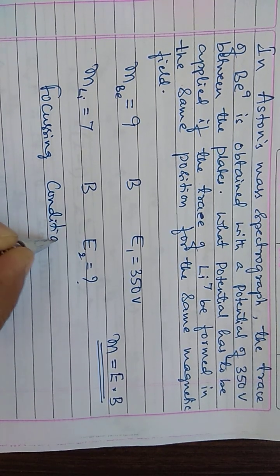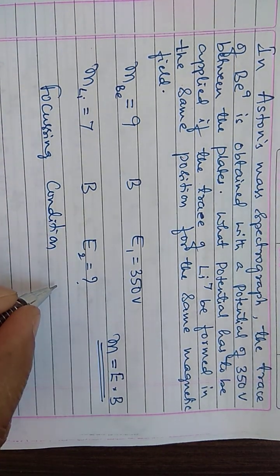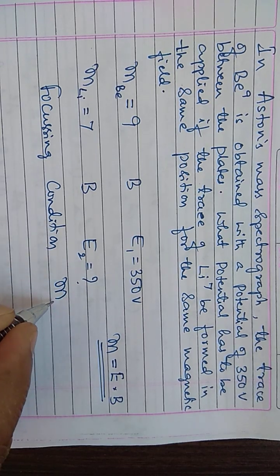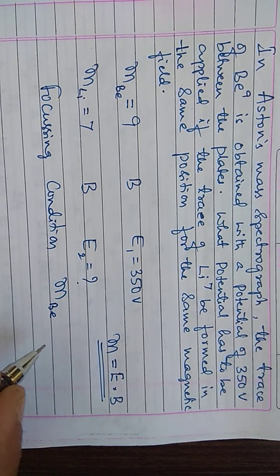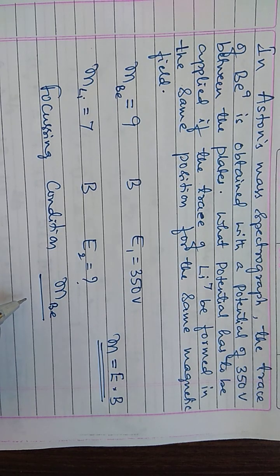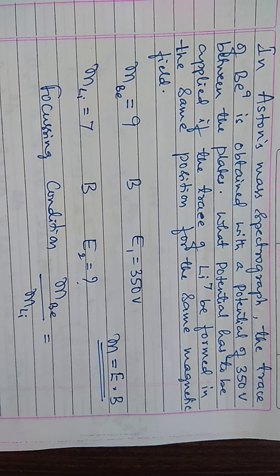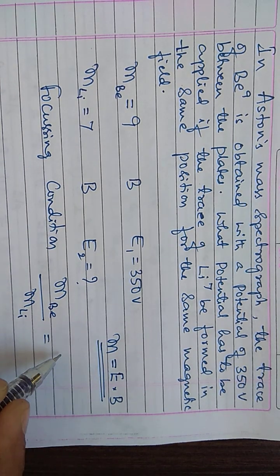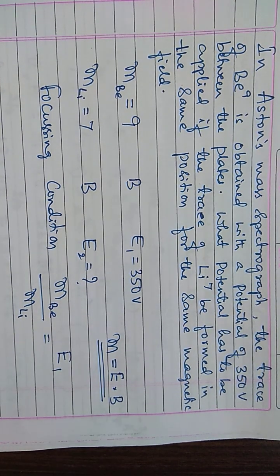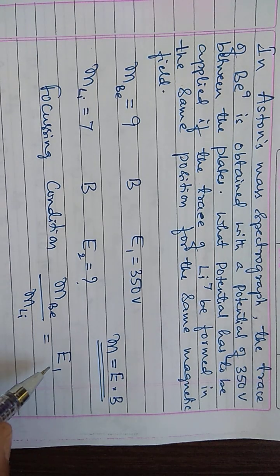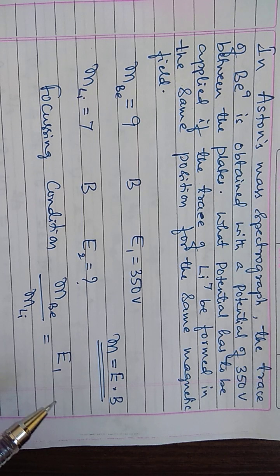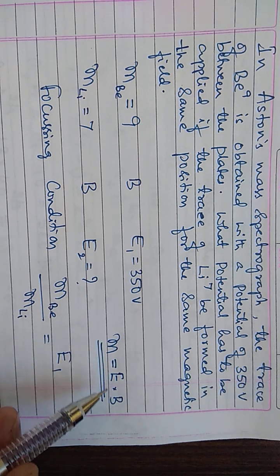So what is that focusing condition? The focusing condition says that the mass for beryllium divided by the mass for lithium equals the ratio of the corresponding EMFs, E for lithium and E for beryllium, with the magnetic fields. Cross multiplication, it is said to be a constant here.